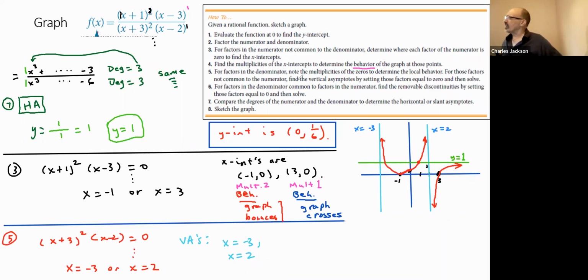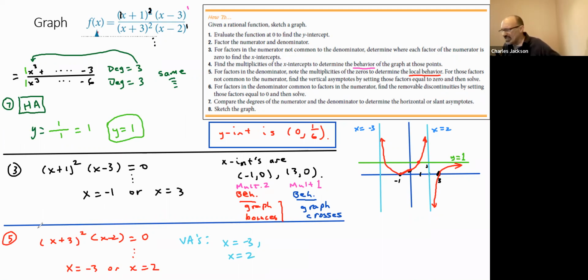For factors in the denominator, note the multiplicities of the zeros. Okay, we didn't actually make a note of that, but the multiplicity of this 0 here is 2, which is even. And that actually informs us about the behavior. Let's see, it says local behavior is what it says. And because that's even, let me make a note here.